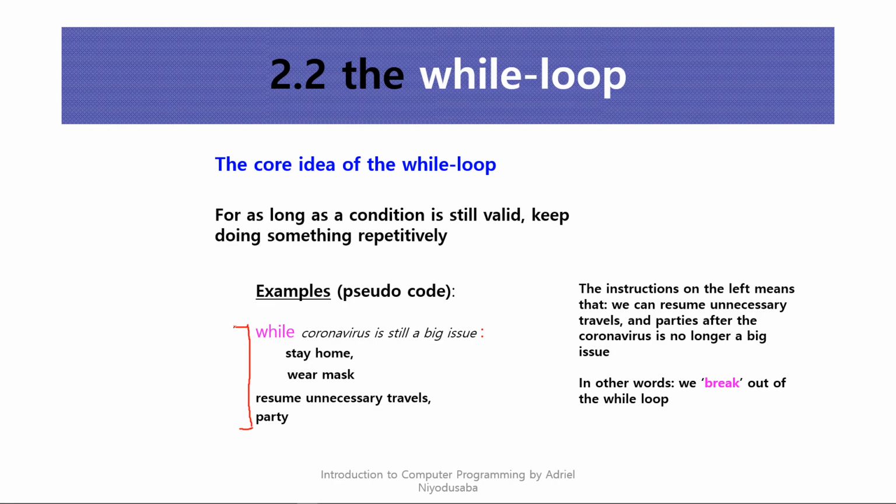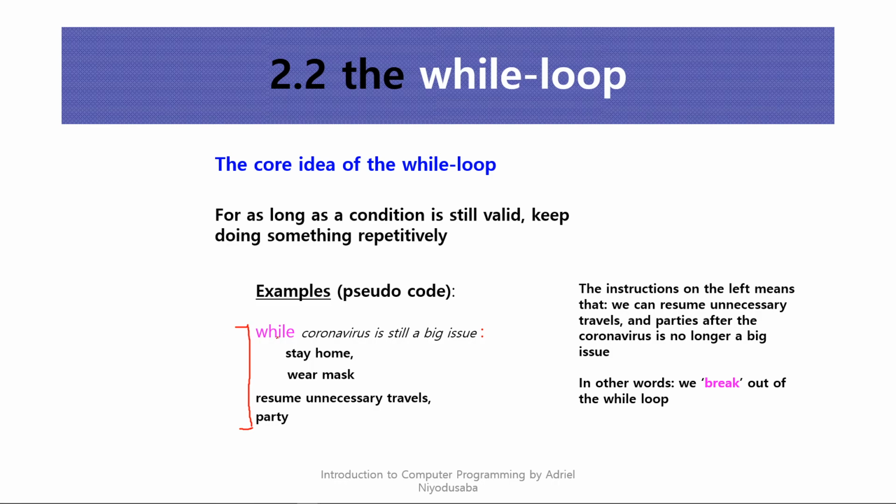And once we have the vaccine or we have immunity, or if it's no longer a big issue, then we can resume unnecessary travels and we can resume parties and everything. That kind of instruction is a perfect use case for the while loop. You want to do something for as long as a condition is still valid.